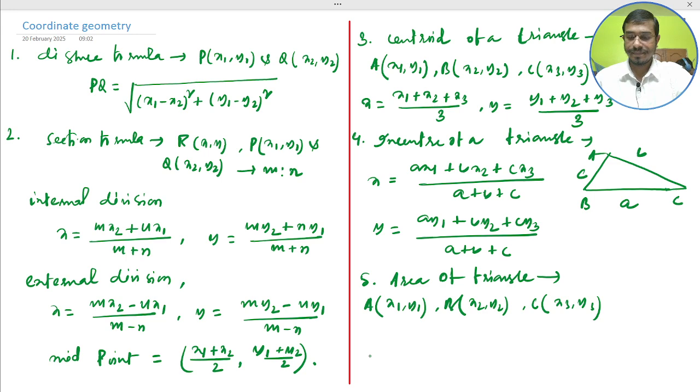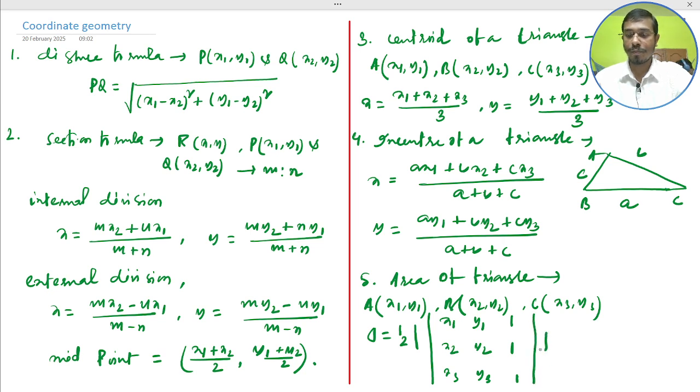So the area, delta, is equal to half mod of the determinant with rows x1, x2, x3; y1, y2, y3; and the constants 1, 1, 1.